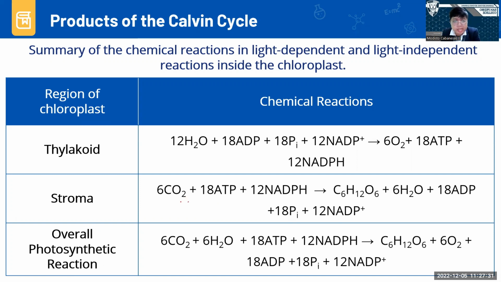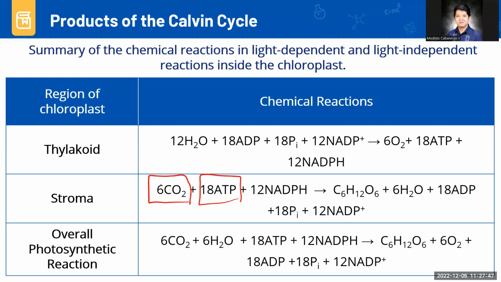So, 6 carbon, 18 ATP, 6 carbon dioxide. Times 2 lang nato to ha. So, di ba sa example natin kay ano man yun? 3. So, times 2 lang. So, naging 6. Si ATP, ang nagamit natin is 9.